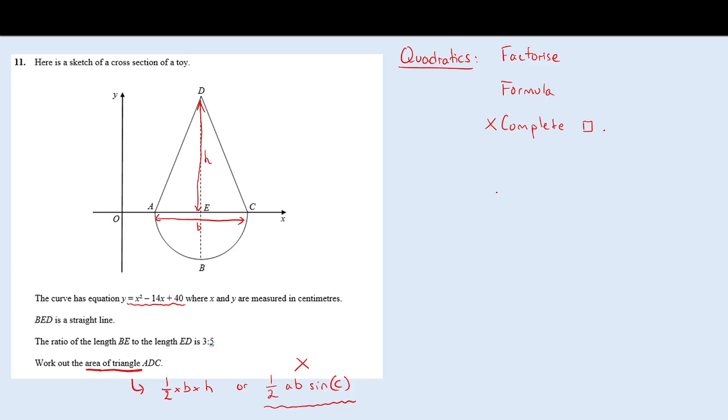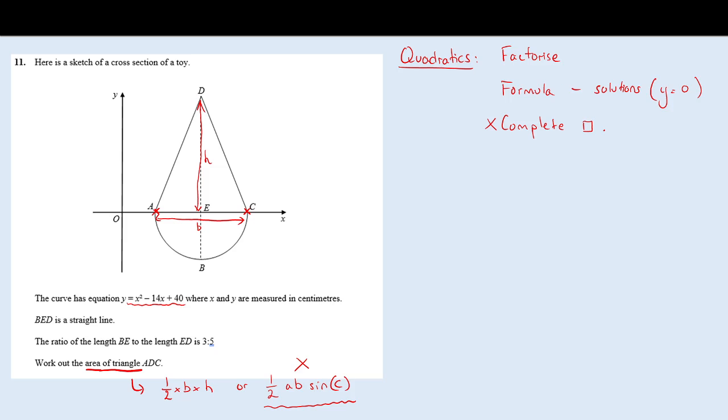The quadratic formula tells me solutions, where y is equal to 0, which would be this point here and this point there, which is, as we can see, the distance for the base of our triangle.